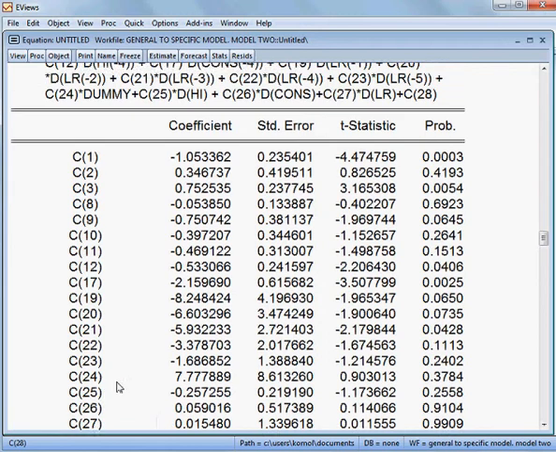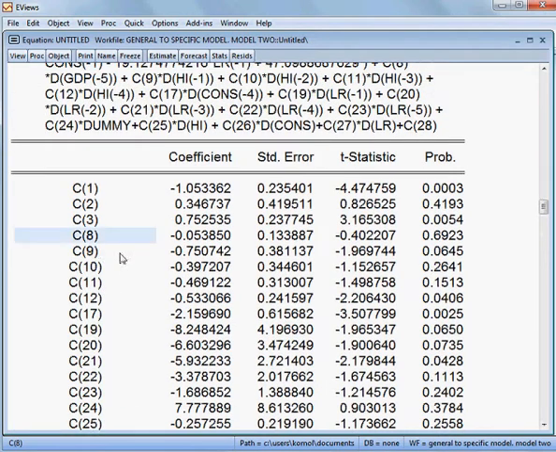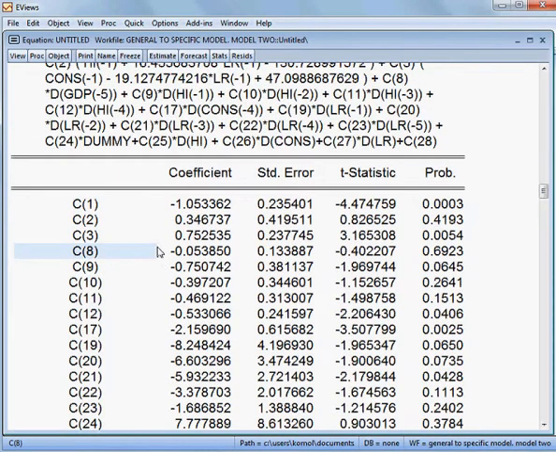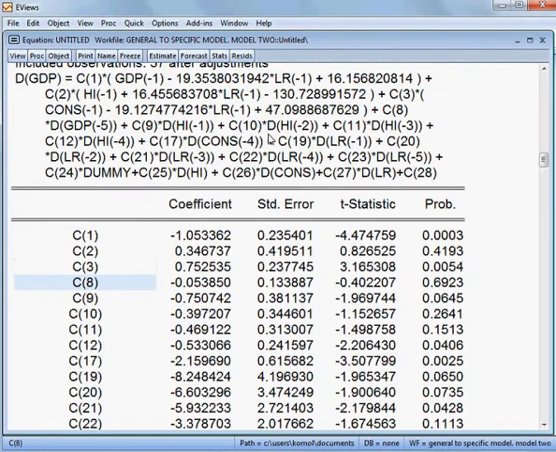Okay, so now we check C8, is it significant? What is C8? C8 is here. This one, right? C8.